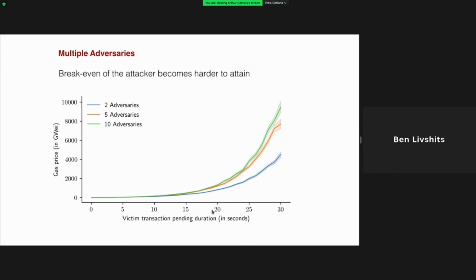Sure. Mine was slightly more high level. Given that there are many sources of MEV, how does this one change the picture in some sense? The number you quote for a two-year period is somewhat small in the grand scheme of things, so does that really significantly change the MEV landscape? That's number one.